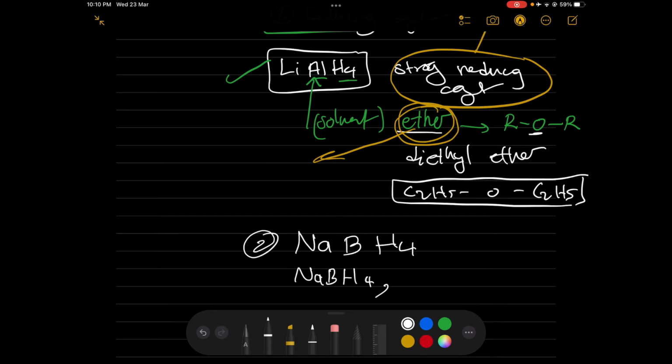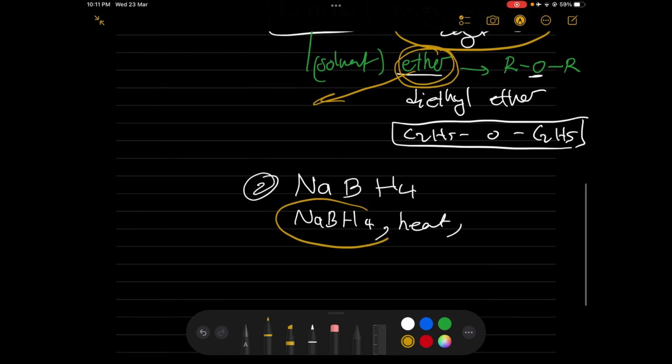In this case, as we mentioned, you must apply heat to make this reaction work. And it must be dissolved in an alkaline solvent.